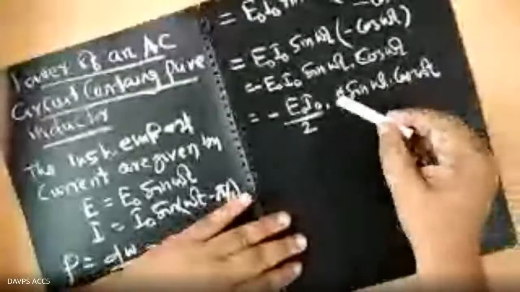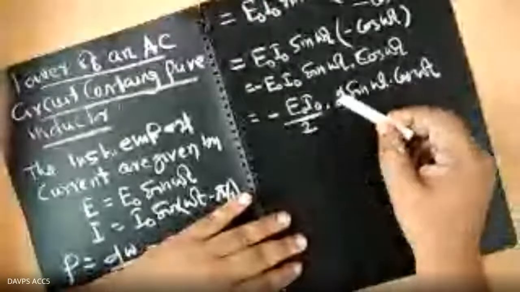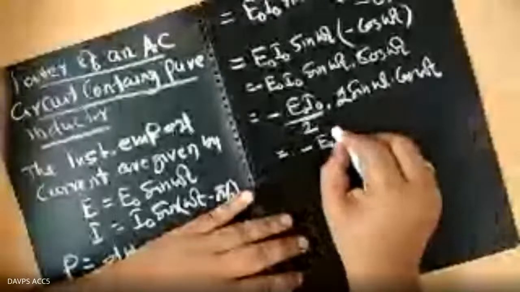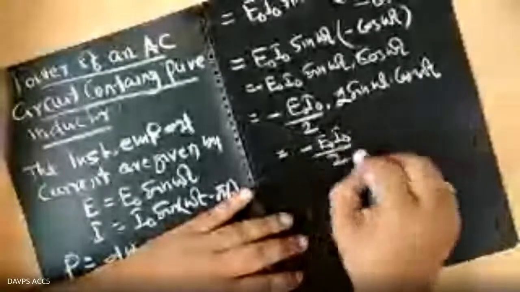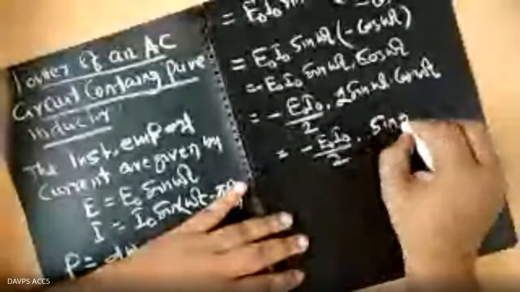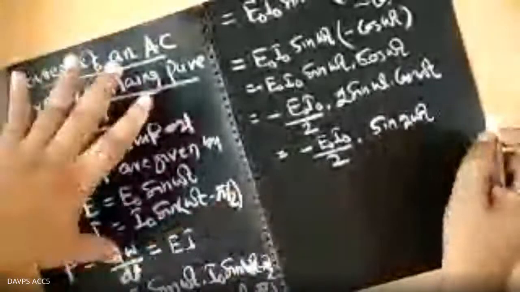I'm multiplying 2 and dividing by 2. And you are finding finally minus E naught I naught by 2 into sine 2 omega t. That is power equal to dW by dt.